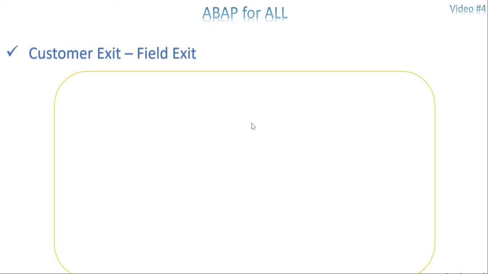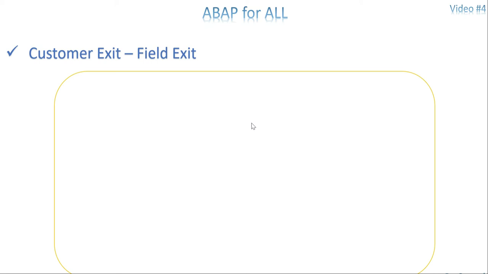But the basic idea is field exit is not at all advisable for the current versions. I believe it stopped before 5, like 4.6 or 4.7, I'm not sure. After that version, SAP stopped supporting or advising the use of field exit, because whatever you want to achieve through field exit, we have a lot more flexible options.